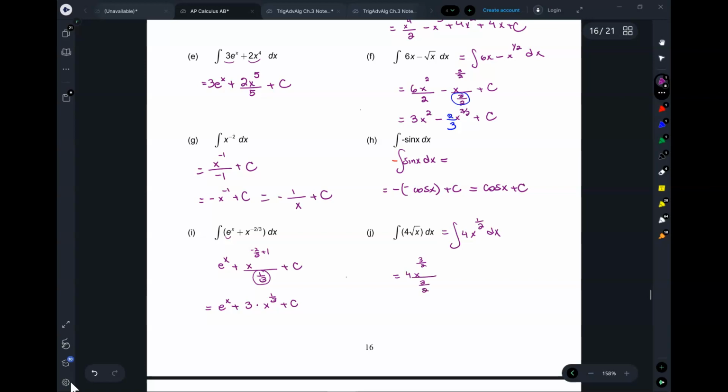Divide by the same new exponent. So now this is equal to 4 times the reciprocal of the bottom times x to the 3 over 2, which finally plus c. Oh, I forgot the plus c here, Miss Malikin. So this is equal to 8 over 3 x to the power of 3 over 2 plus c.